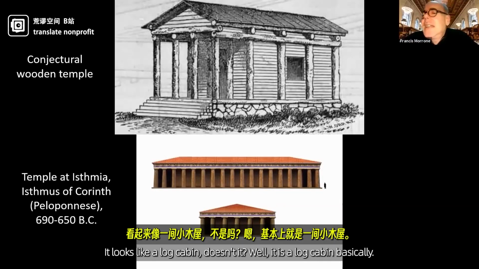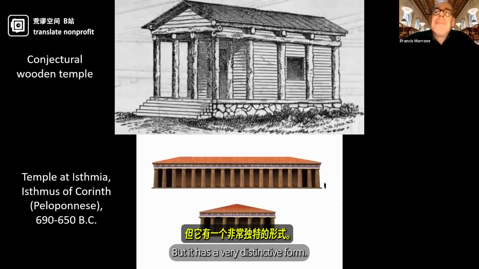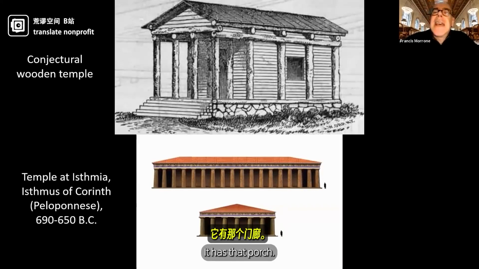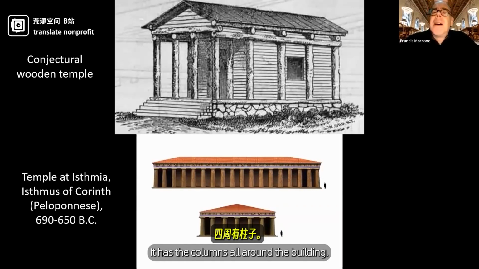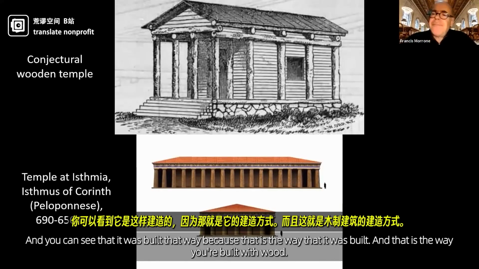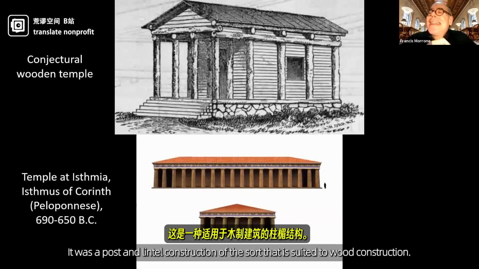It looks like a log cabin, doesn't it? Well, it is basically a log cabin, but it has a very distinctive form. It has that porch. It has the columns all around the building. And you can see that it was built that way because that is the way you built with wood. It was a post and lintel construction of the sort that is suited to wood.